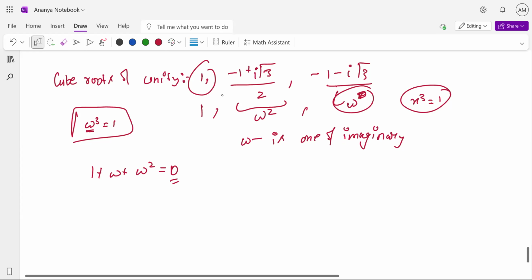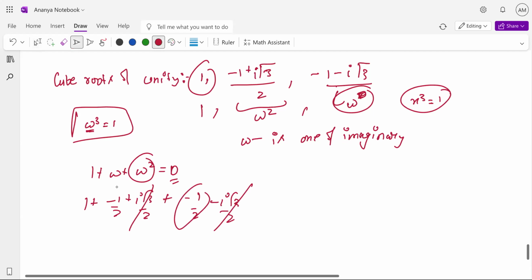We can also do the final check. Whatever you want to take as omega, let's say I'm taking this as omega, so this is minus 1 by 2 plus i root 3 by 2, plus I'm taking the other as omega square, so minus 1 by 2 minus i root 3 by 2. The i root 3 by 2 terms cancel, minus half and minus half becomes minus 1, and with the 1 it cancels, comes out 0. Clear? Yes, sir.